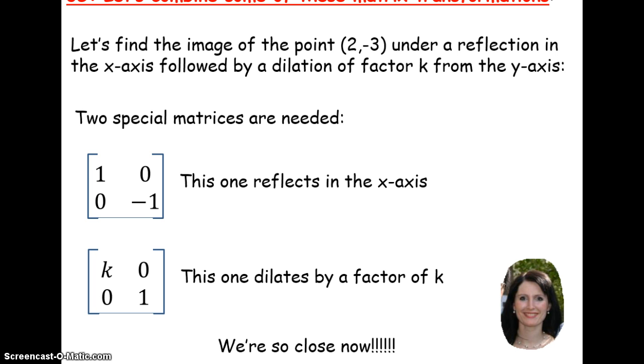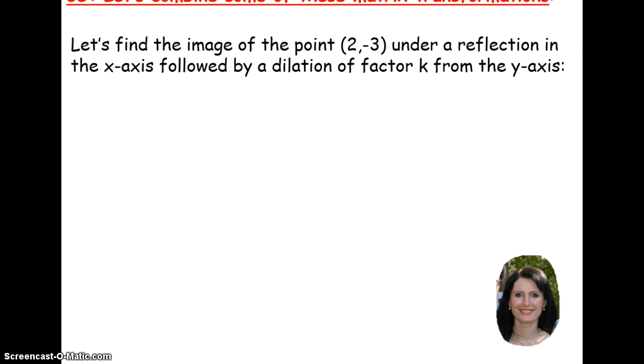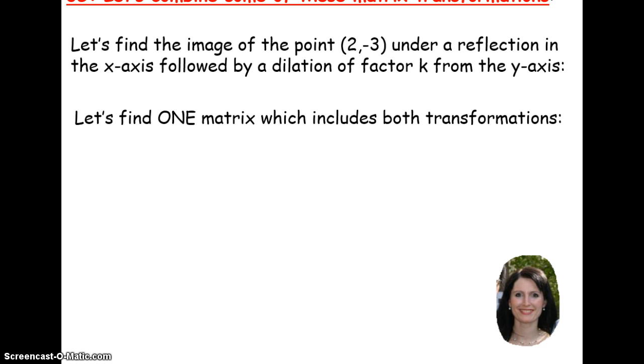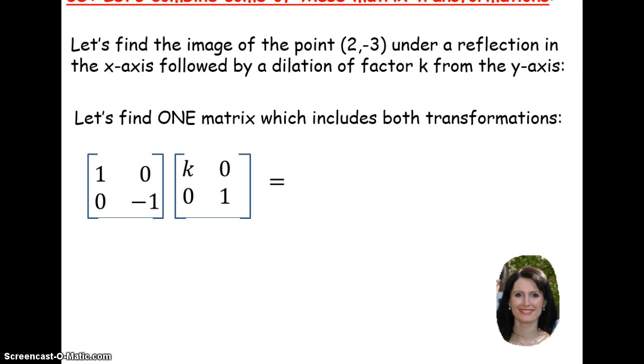We're so close now. So from there, we want to find one matrix which includes both the transformations. So that's the first one that is for reflection, and the second one being for dilation of a factor of k. Let's multiply them together.